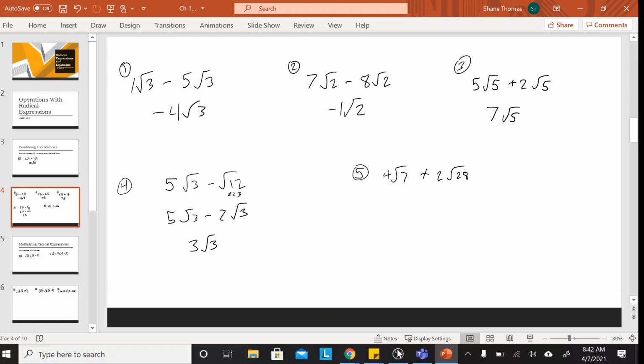What's it break down to? A 2, 2, and a 7. Okay, so now I have 4√7 plus 4√7. So we bring the 2 out and multiply by the 2 that's already out there. Add those together, what do you get? 8√7. Not too bad, right? Any questions on adding them together?